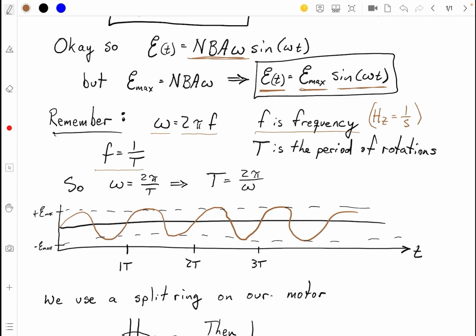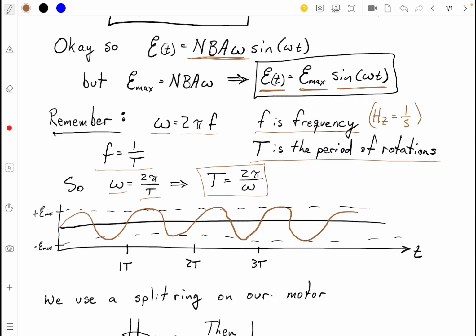The frequency and the period of rotation are inversely proportional. Okay, so the period of the rotations is 1 over f, or f is equal to 1 over T, however you want to look at that. So omega is 2 pi over T. That means that our period of revolutions is T equals 2 pi over omega.